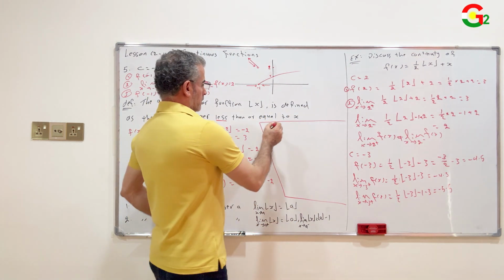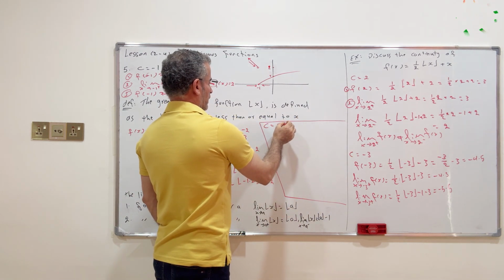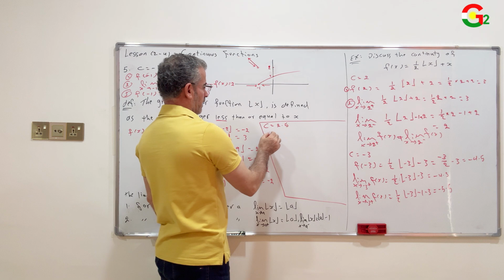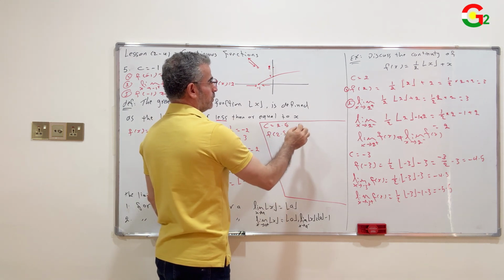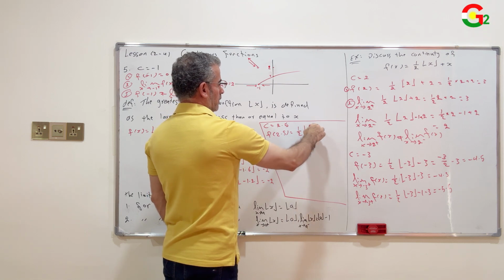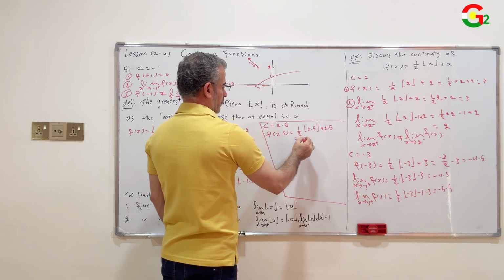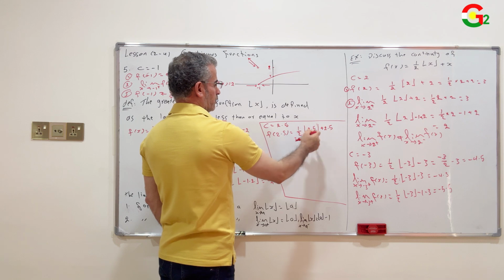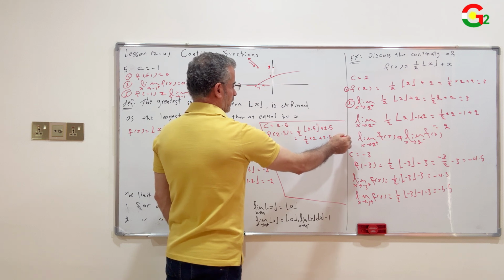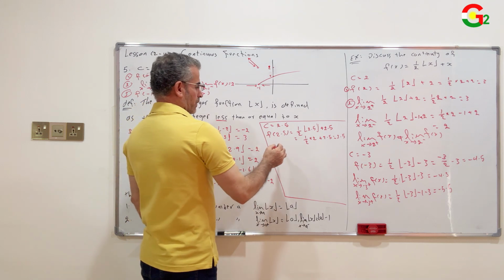If we discuss the continuity of the function at a non-integer number, for example 2.5, then f of 2.5 equals 1 half greatest integer of 2.5 plus 2.5 equals 1 half times 2 plus 2.5, which is 1 plus 2.5 equals 3.5.